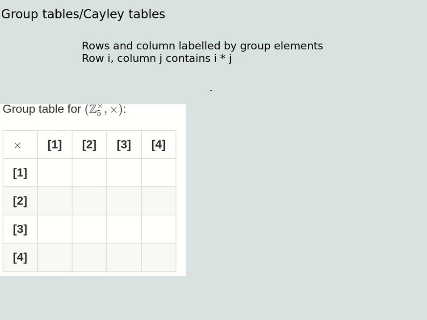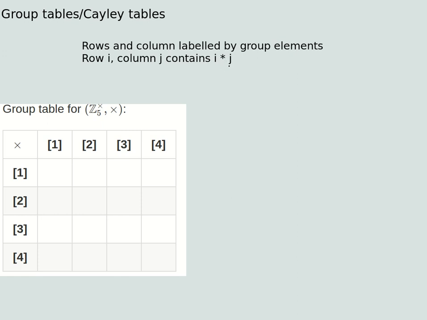And group tables or Cayley tables are just a way to display a group visually. So what we do in a group table is we have the rows and columns of a table labelled by the elements of the group, and in the row labelled by the group element i and the column labelled by the group element j, we put i star j, where star is whatever our group operation is.